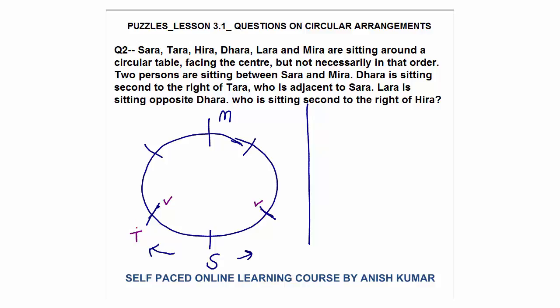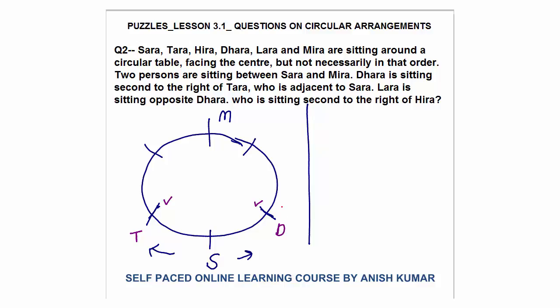Tara is adjacent to Sara, and Dhara is second to the right of Tara, so this will be the position of Dhara. So this is a valid position. Now check the other position. Is that position valid? I'm using a different color ink.